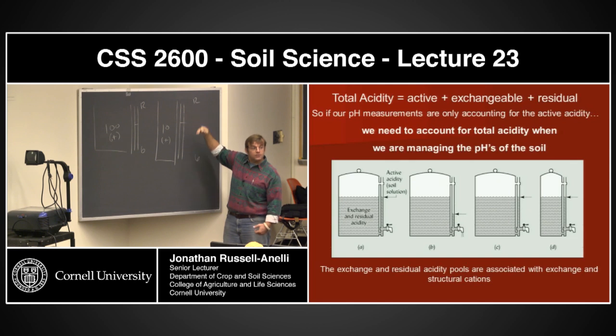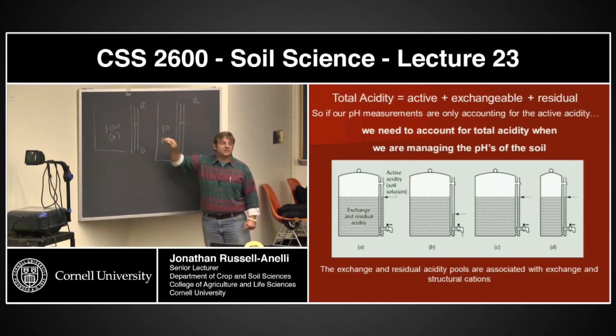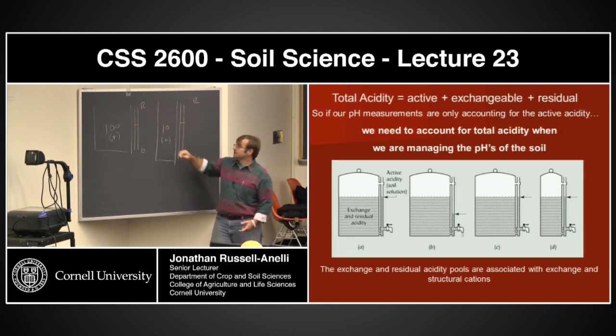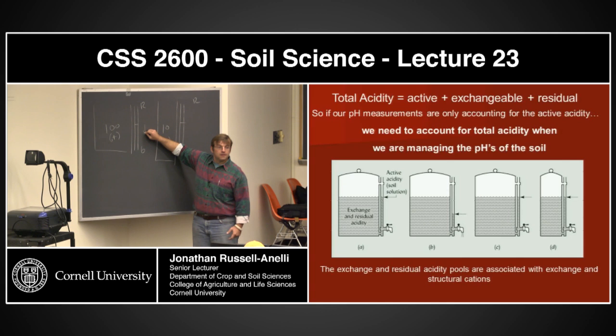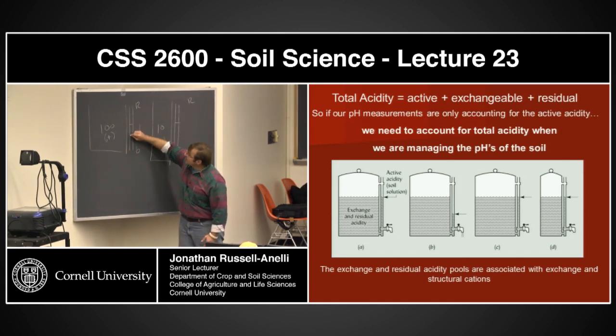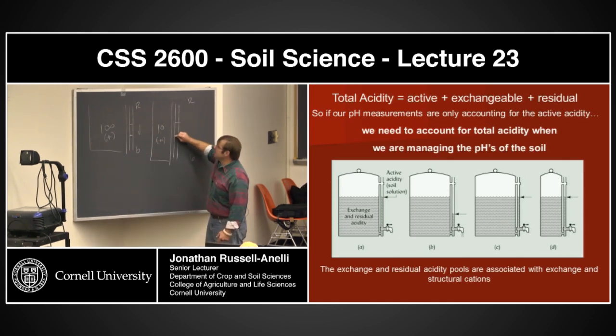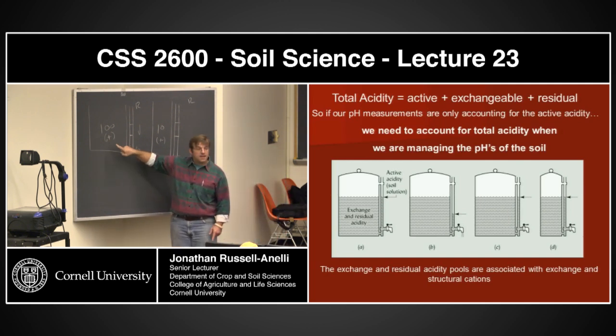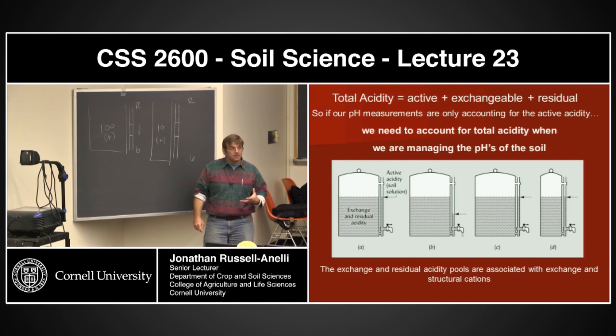I start adding protons to this system. What's going to happen to the active pH? It should start dropping, right? So my pH is going to start moving down in both scenarios. But this pool is going to start interacting with the cation exchange sites. It's going to start reacting with that exchangeable acidity pool.